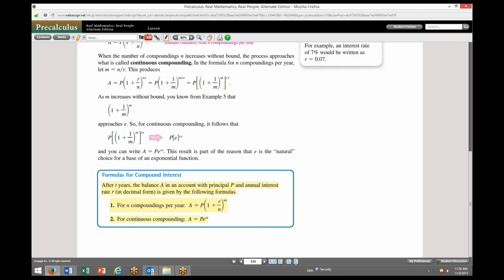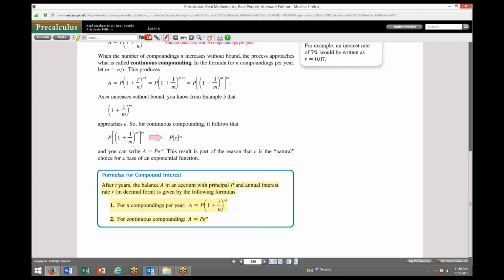And r and t are the same as in the previous formula. Little r in the exponent this time is the annual interest rate in pure decimal form. So if the interest rate is 3% per year, 3% as a pure decimal is 0.03. And t still is the number of years.